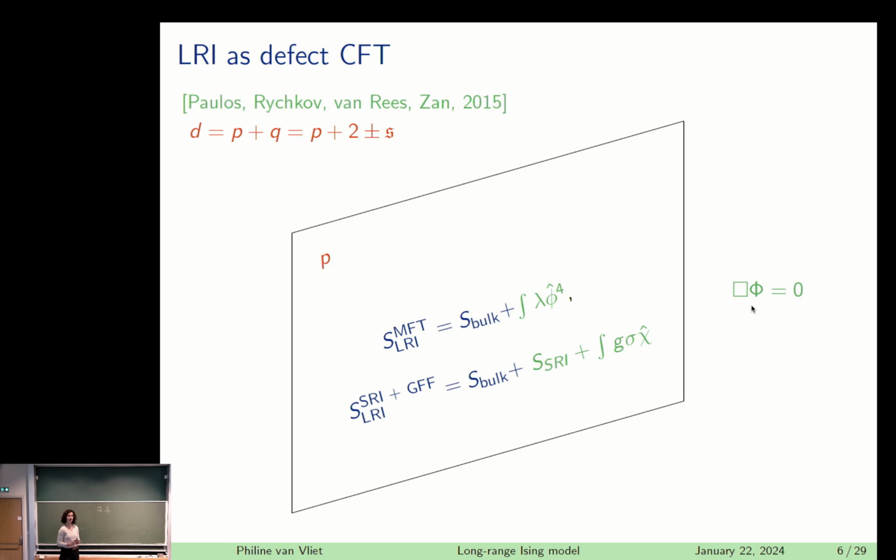Question? Yes. So at some point you briefly mentioned the potential physical realization. What values for P and Q or S would that be? So what I believe is that they look mostly at P equals 2 around the short range end.